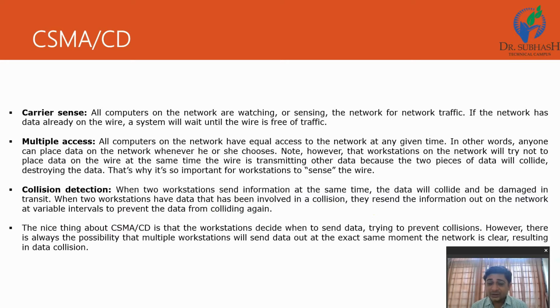So if there is a possibility of collision of data, then each node has to retransmit its data on the network, and at the destination there is some mechanism to rearrange your data in a proper manner, in proper sequence.